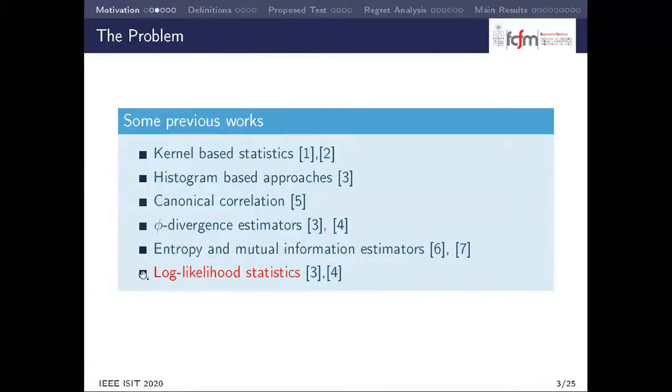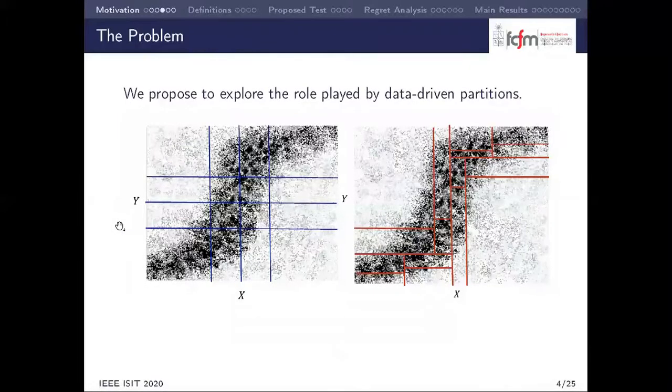So if this is a method that has already been used before, what is new in our paper? Well, we propose to explore the role played by data-driven partitions because, as we can see, we have the same data in these two figures. And it is very clear that there is a statistical dependency between these two variables. As a matter of fact, there is a positive correlation between X and Y. Now, in both these figures, we have made a partition that has 16 bins or blocks each.